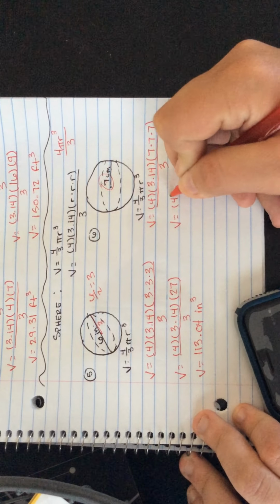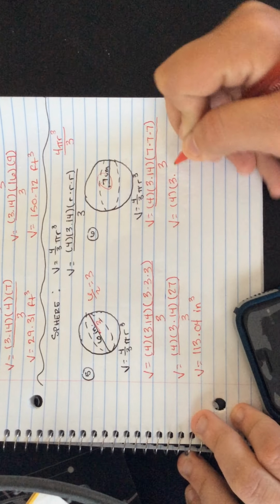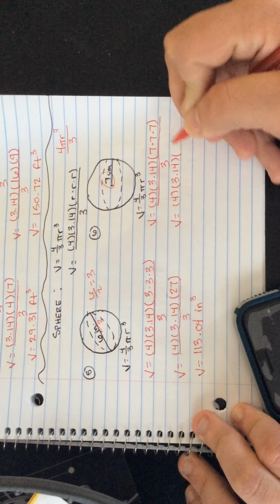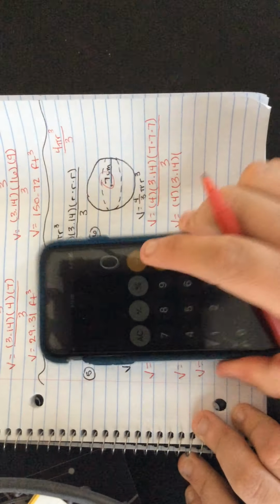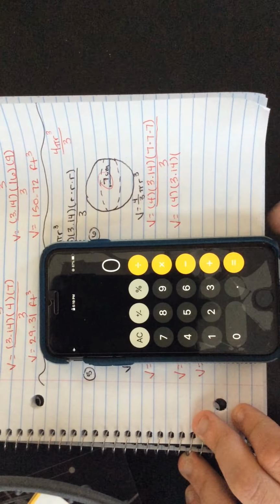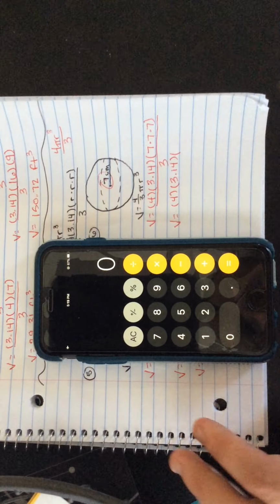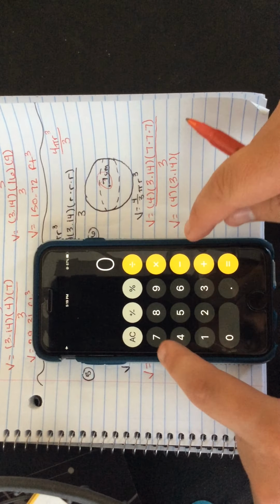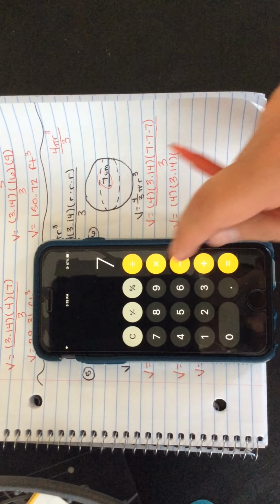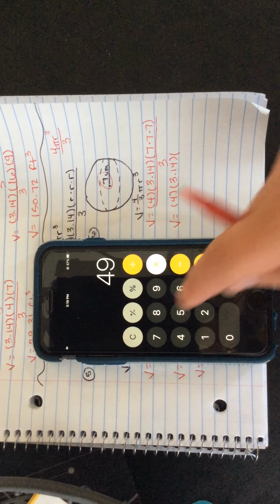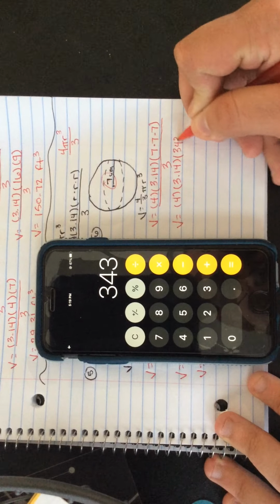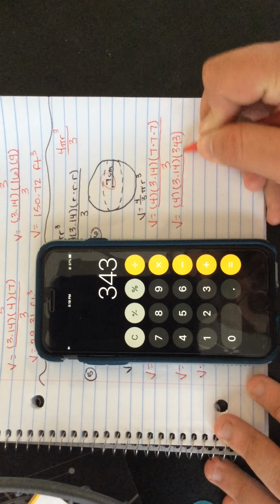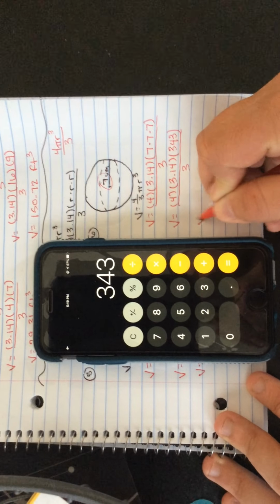So just so we're not typing as much in the calculator, let's see what 7 times 7 times 7 is. 7 times 7 is 49. And then 49 times 7, I'm not going to act like I know what that is off the top of my head. So 7 times 7 times 7 equals 343. And then we'll divide all that by 3.